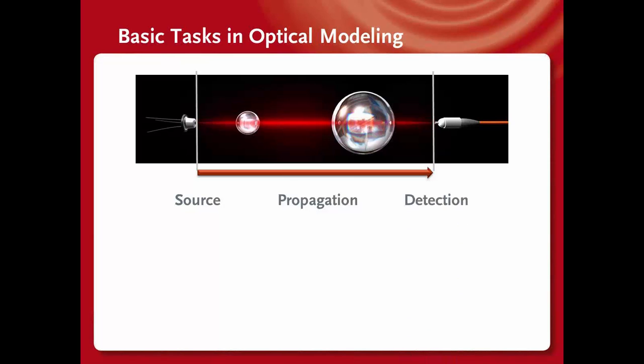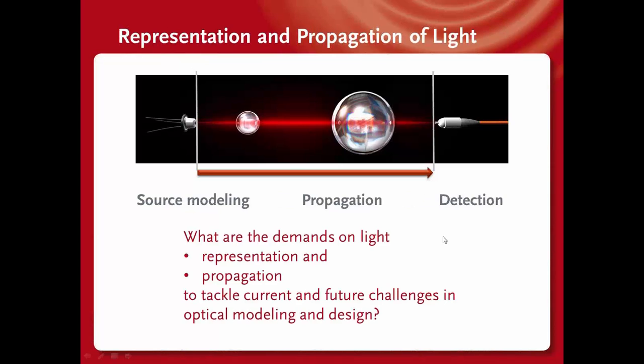This, for example, can be a detector which is transforming the light signal into an electrical signal, but of course it can also be some material surface where we do some kind of light-matter interaction, if we, for example, do laser material processing. And there are mainly two questions we have to ask if we want to tackle current and future challenges in optical modeling and design. First of all, we have to think about the light representation, and second, we have to think about the propagation of the light through the optical system.